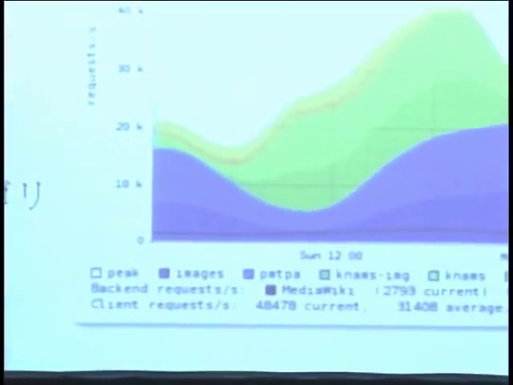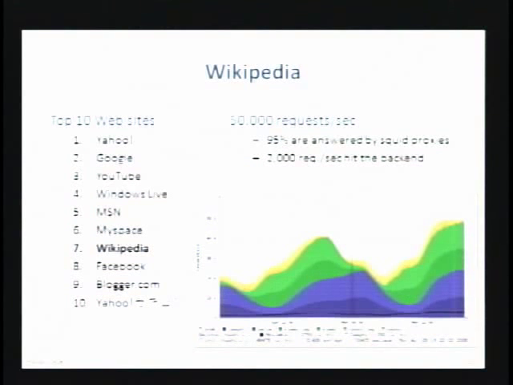These are the requests which went to the back end of the system. So 95% of the requests are served by caches. And we're not really interested in optimizing caches, but the back end is an interesting part for us. So we are only interested in these 5% of the requests.